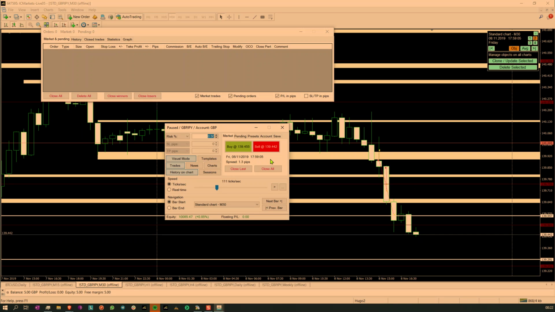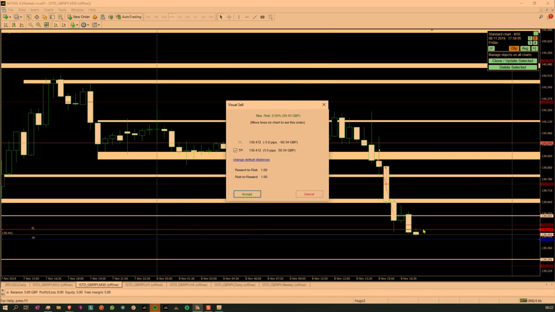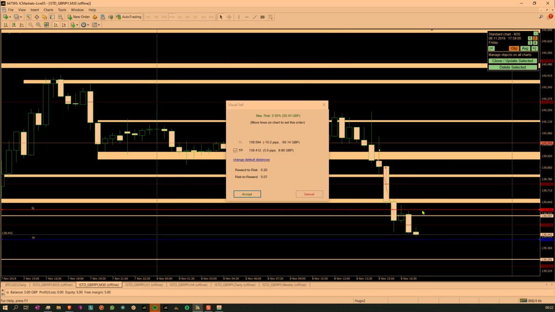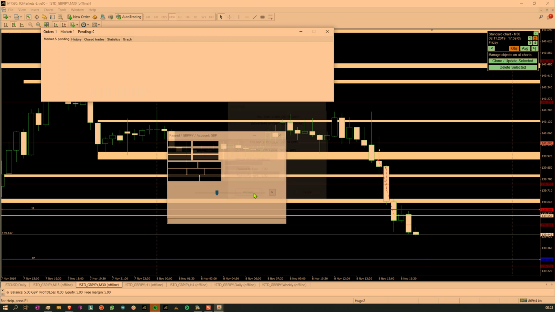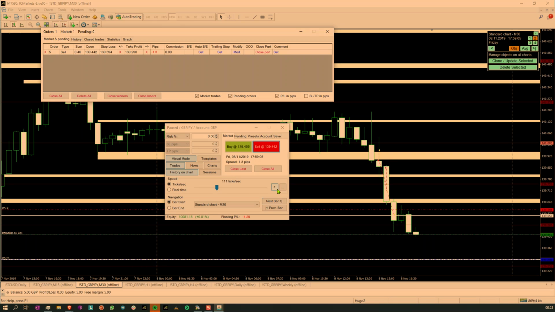It's 1 hour to London close, so it's not really high volume time now. So let's do a sell. Stop just above here, stop is 15, and the target will be 15.2. Accept, and let's see.